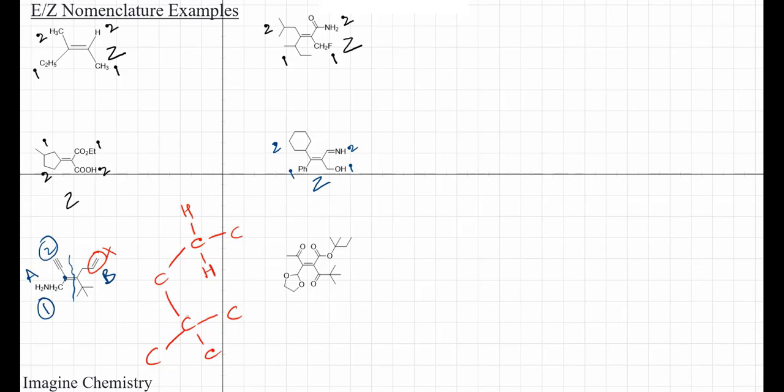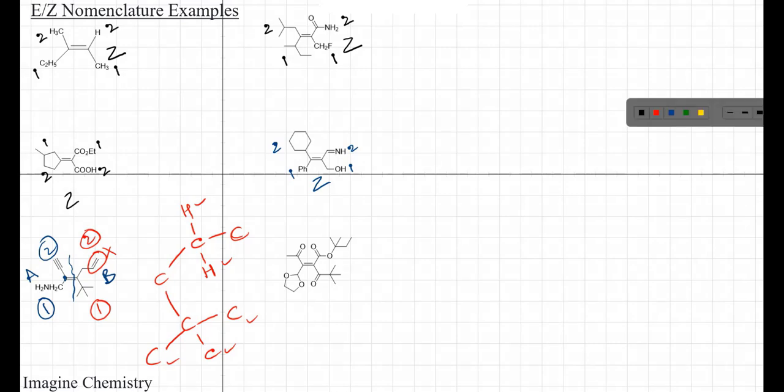The first point of attachment is the same. The next point is that this carbon is further attached to one carbon and two hydrogens, whereas the lower group is attached to three carbons. So this will have higher priority compared to the upper group. So now you see that both the higher priority groups are on the similar side. So this is a Z isomer.